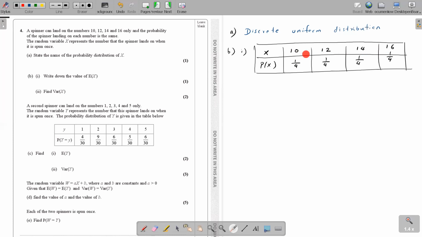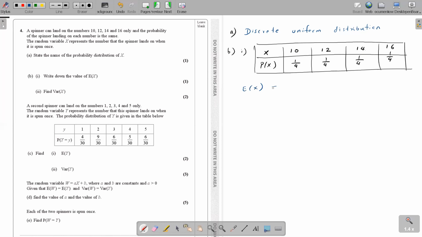When you have figures like this and the probabilities are equal, the mean is actually the middle value. So what's the middle of 10, 12, 14, 16? You can use symmetry. 12 and 14, the middle value is 13, right?